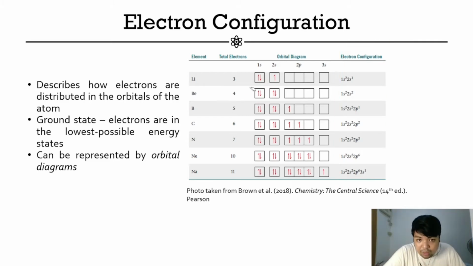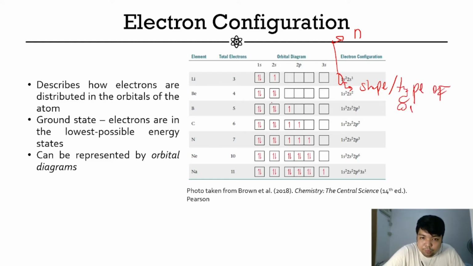In the electron configuration, this number indicates the energy level or the principal quantum number of that orbital, and this letter indicates the shape or type of the orbital, so may it be an s, p, d, or f. While the superscript after that letter is the number of electrons residing on that kind of orbital.